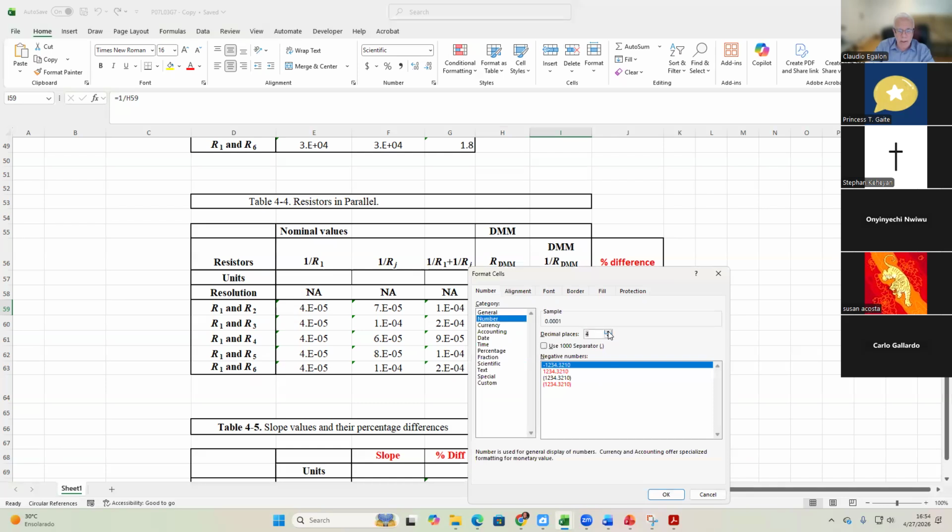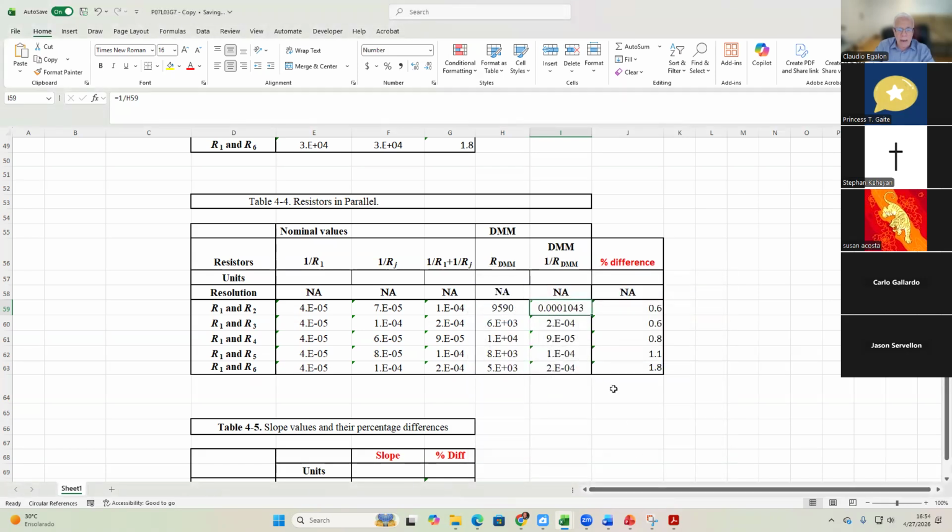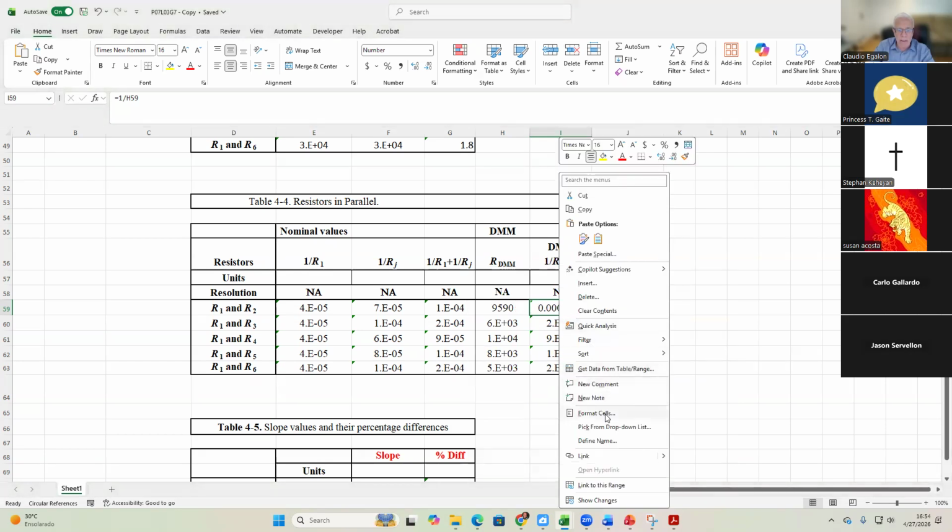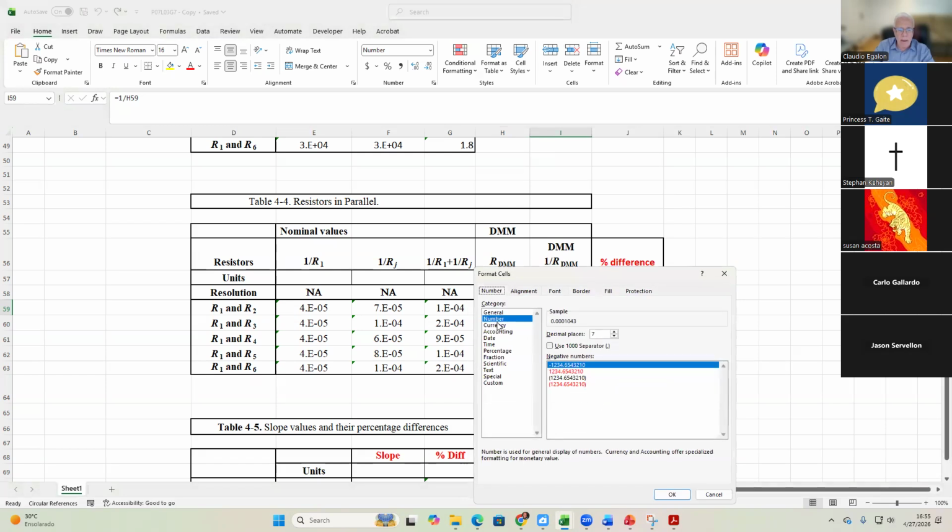Here we have four decimal places, one significant figure. Five decimal places, two significant figures, and so on. It's preferable for a small number like that to put it in scientific format.